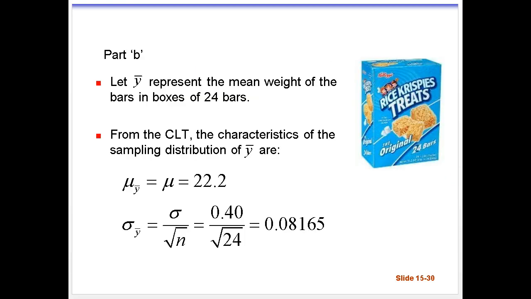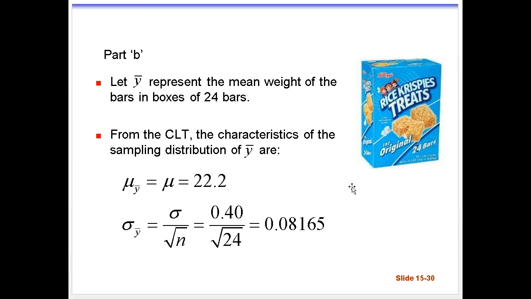The second part of the question is asking what is the probability that the average weight of 24 bars is less than the 22 grams. So we're now talking about the distribution of the average weight in boxes of 24 bars.